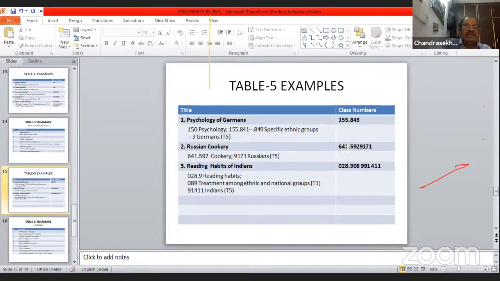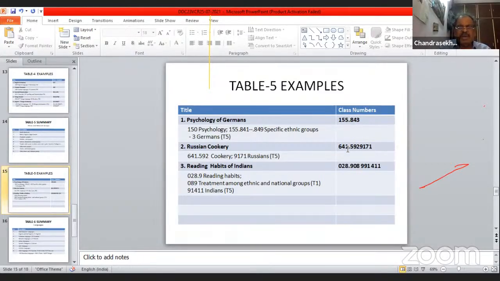So table 5 should be added when there is an instruction. If there is an instruction, then only we add table 5. All tables except table 1 you can add without instruction.